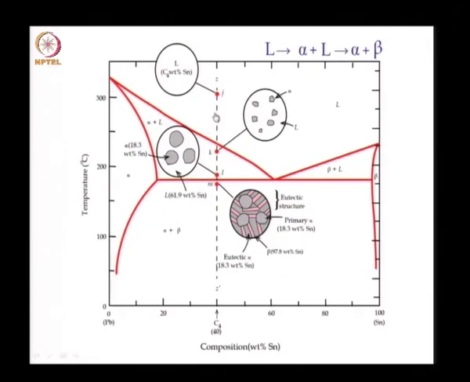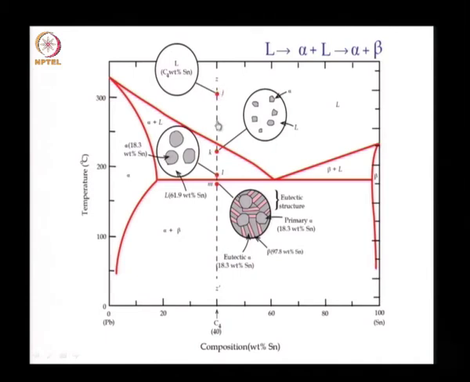So, let us take a case of a composition of alloy with about 40% tin, say C4. So, we will have a melt say in the point J. So, at the temperature J, we have a liquid with a complete mix of tin and lead. So, we have a complete liquid phase.